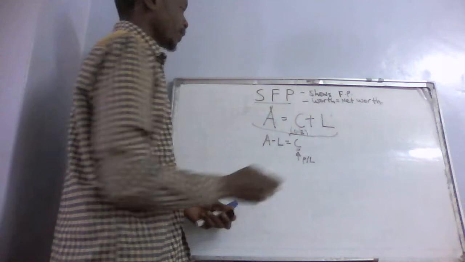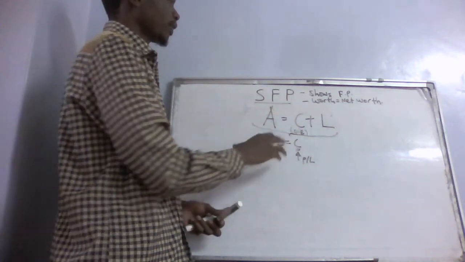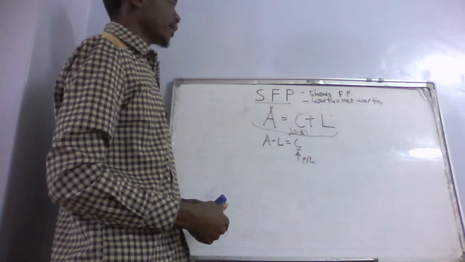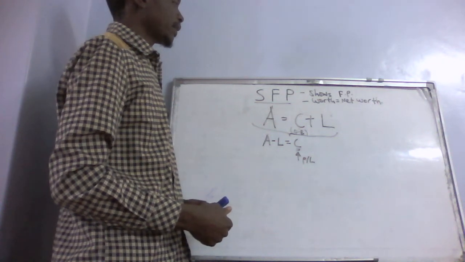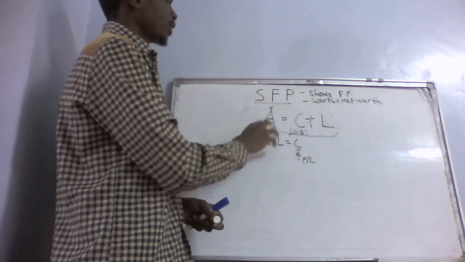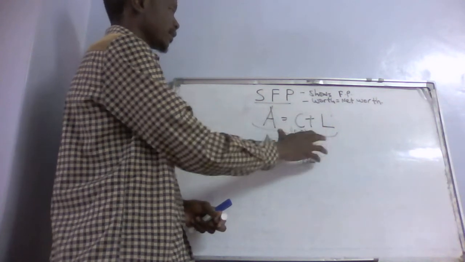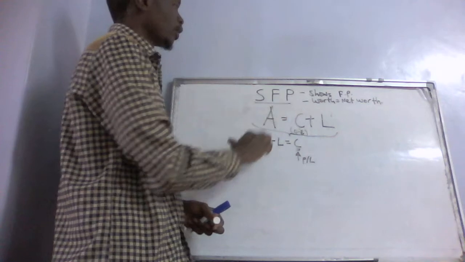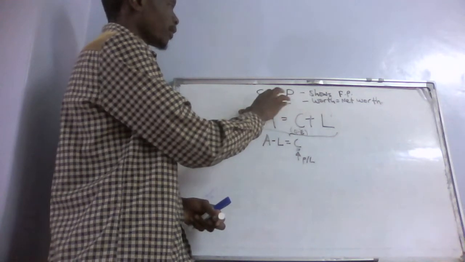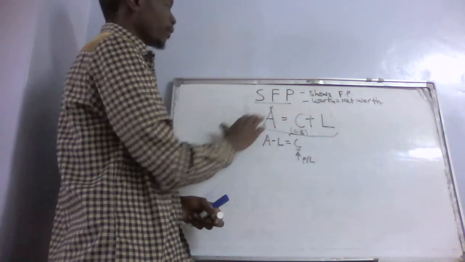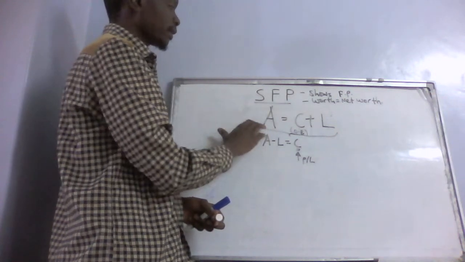So in the statement of financial position, all the elements of the accounting equation are presented. Now you see asset, the capital, and you will see also liabilities in the statement of financial position. So apart from our financial position with respect to our net worth, what is our financial position with respect to our asset?